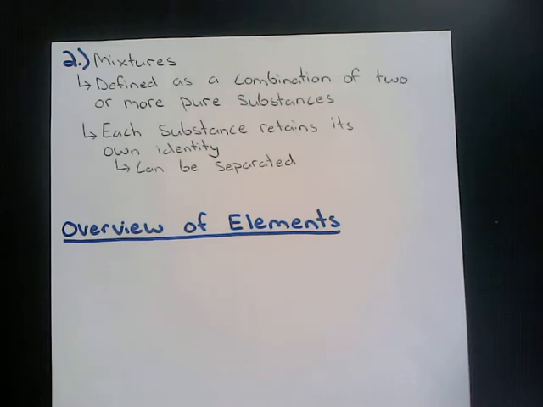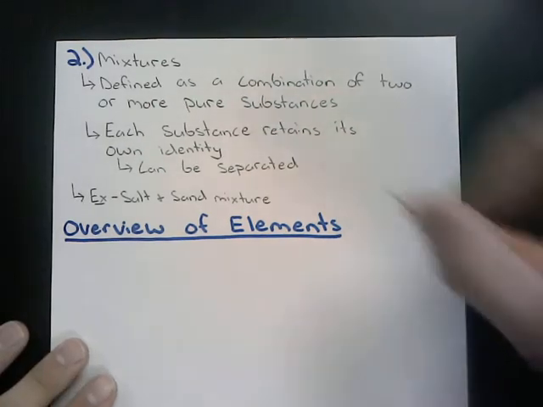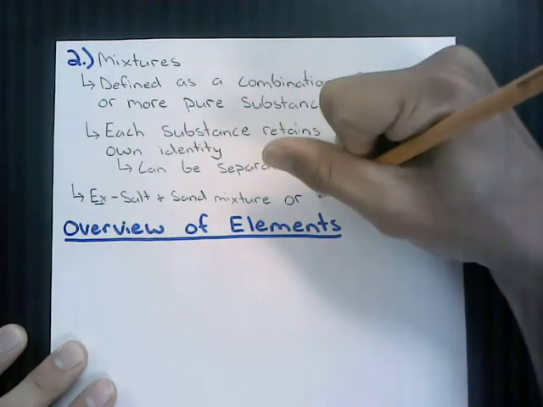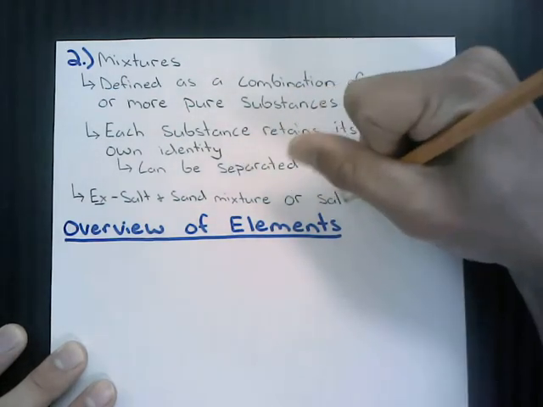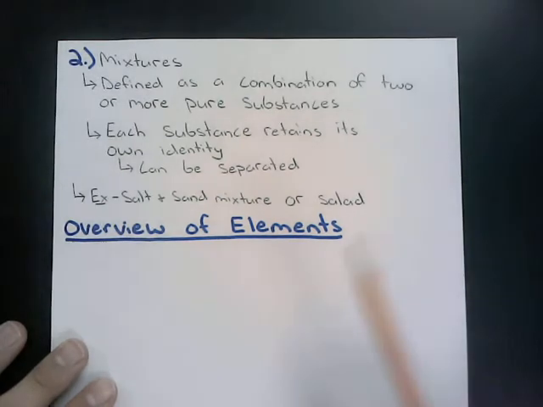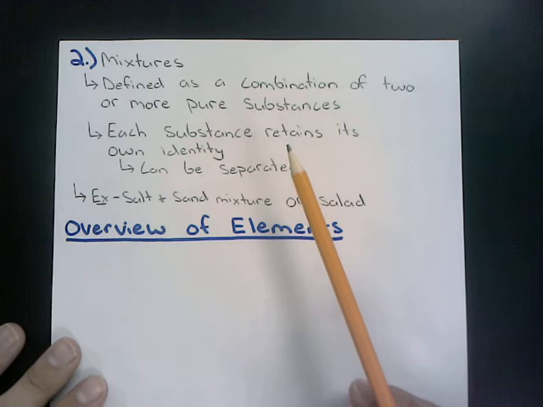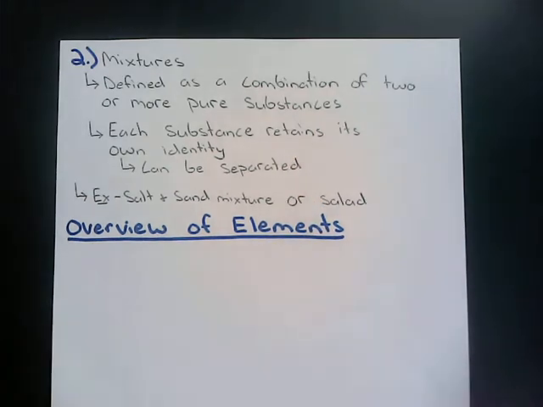So a great example of this is a salt and sand mixture. Or if you're thinking about food, it could be a simple garden salad. And so something here, it's really easy to see with a salad, is that a mixture, again, because it has multiple pure substances, it can be broken down into those individual pure substances.